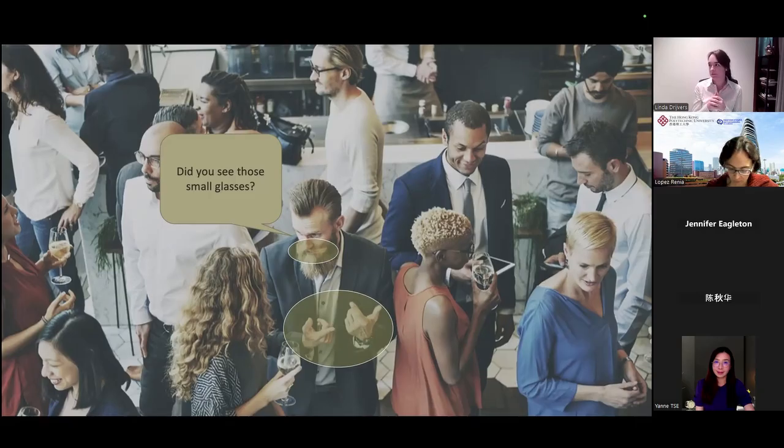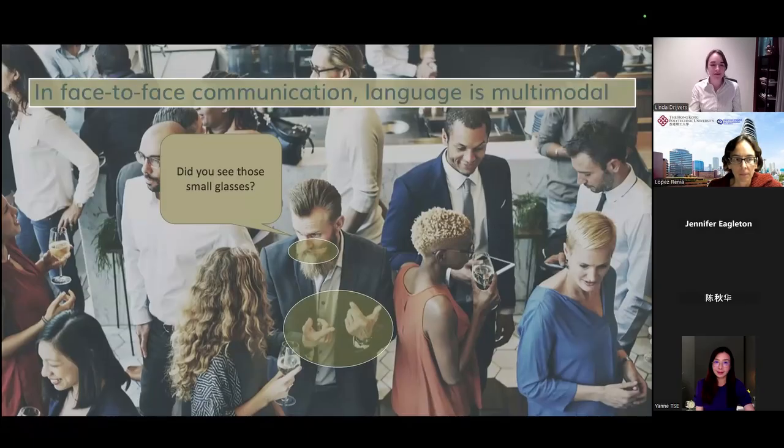But especially if we look at models of the neurobiology of language, I think it's very important to consider these visual signals because they can really shape how we process linguistic input. So in this example, we could really think, is he talking about glasses, as in the small glasses on someone's face, like spectacles? Or is he talking about a small glass? So really this combination of the two inputs causes new meaning to emerge as well. So in face-to-face communication, as you know, language is multimodal.